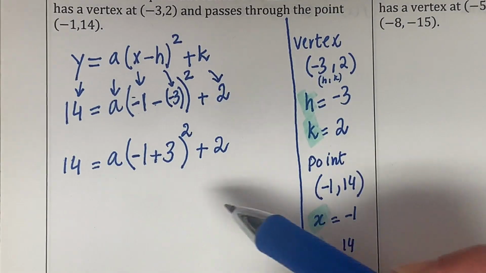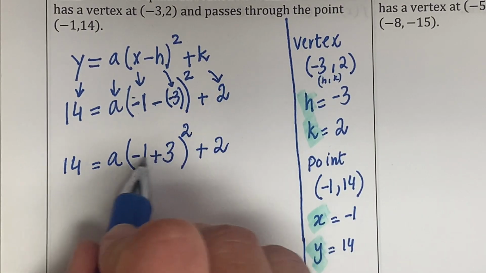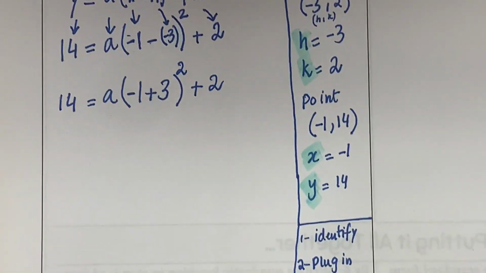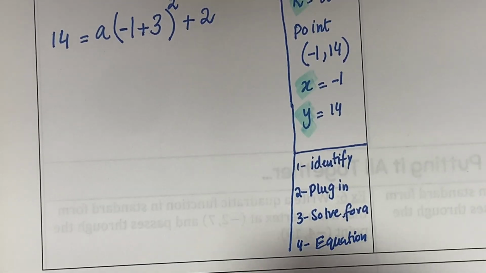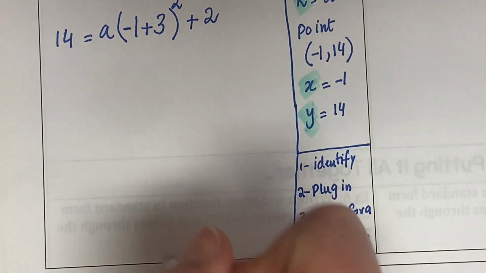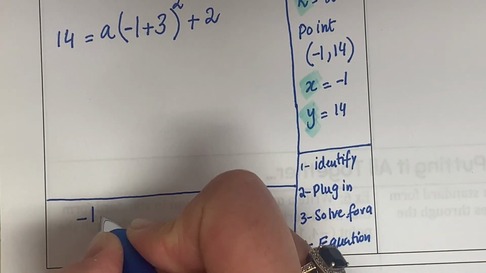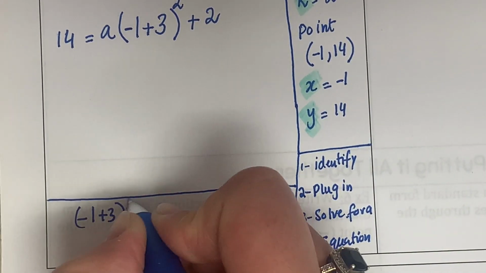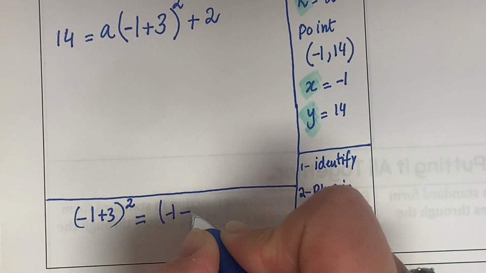I have +3. And then whole squared means these two things are multiplied twice by themselves. So I'm gonna do that multiplication at the bottom.